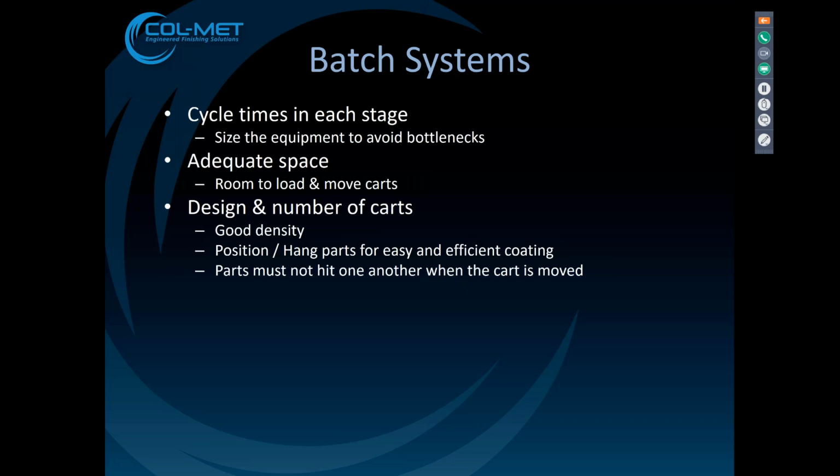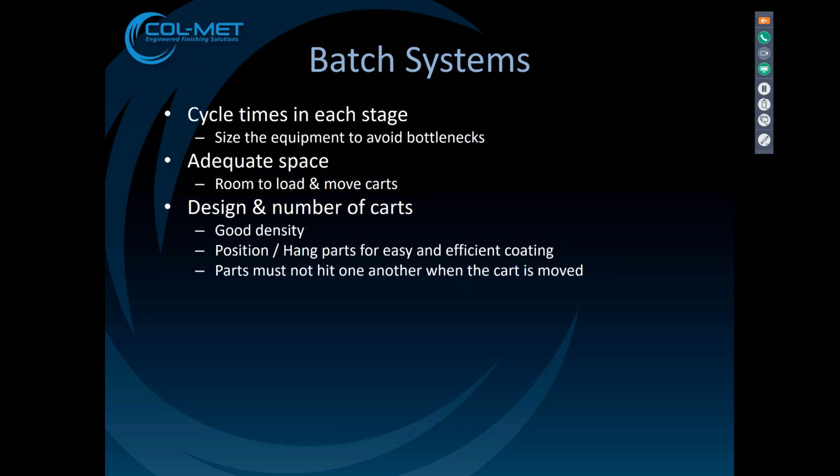When they are moved with a cart, we need to pay attention to the design and number of carts that we're going to have in the system. We need good density, just as we would on a conveyorized system. We need good part density so we are efficient in processing.